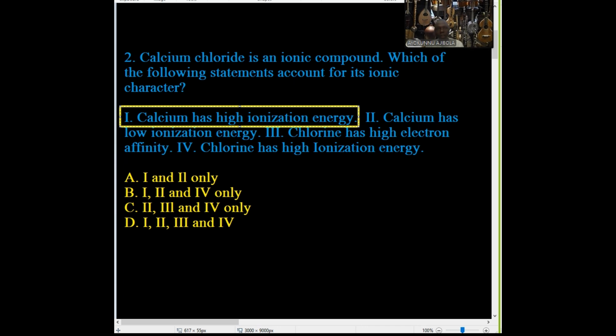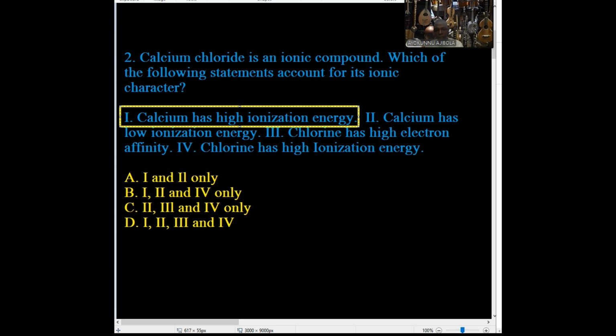The question is, what is ionization energy? Now, the ionization energy is the quantity of energy that an isolated gaseous atom in a ground electronic state must absorb in order to discharge an electron.